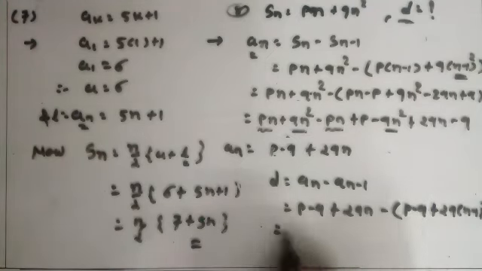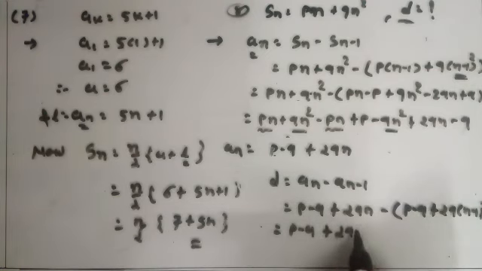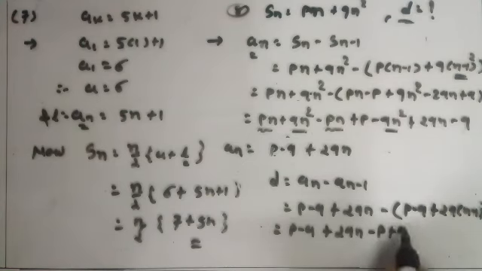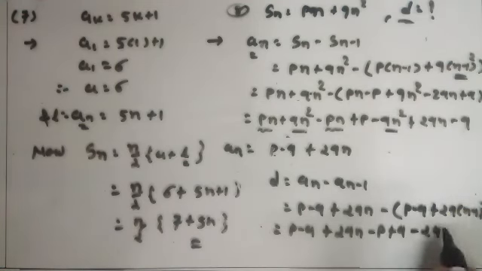This is P minus Q plus 2Qn minus P plus Q minus 2Qn plus 2Q.